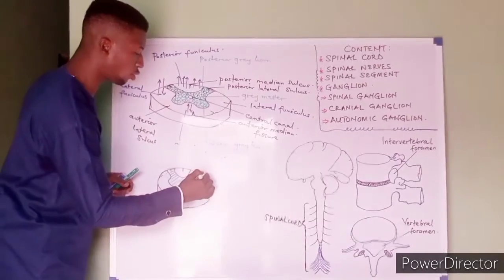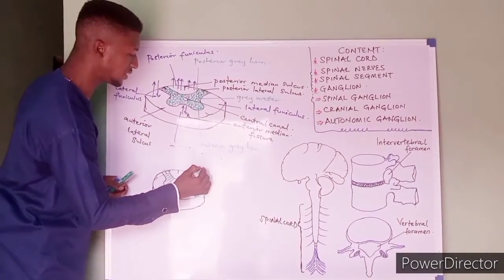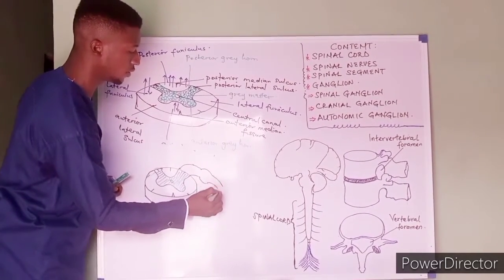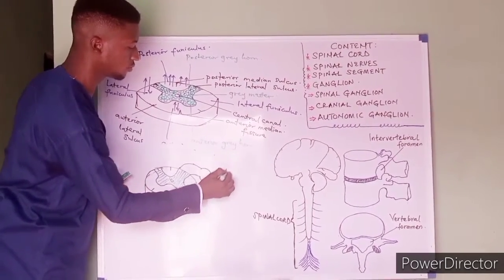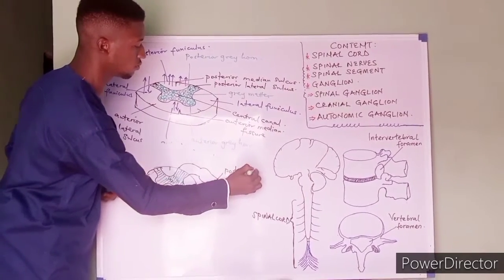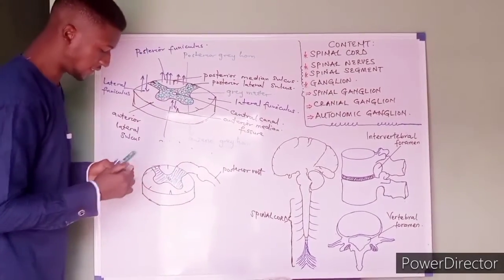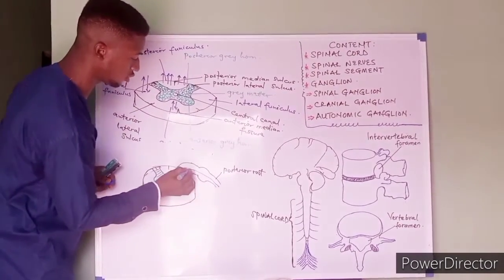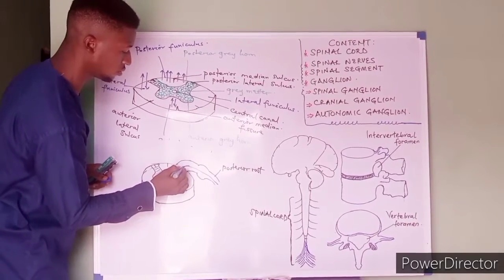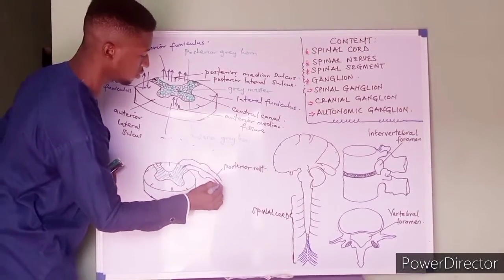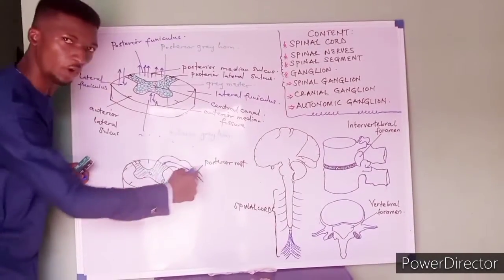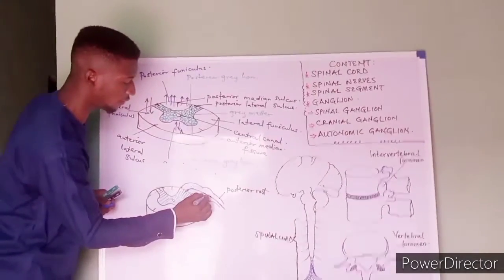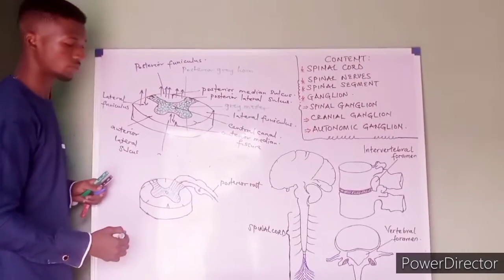But the part which they follow is now called the posterior root. This is called the posterior root. So now let's see a spinal nerve that is entering into this region. The cell body of this nerve is found in a region.